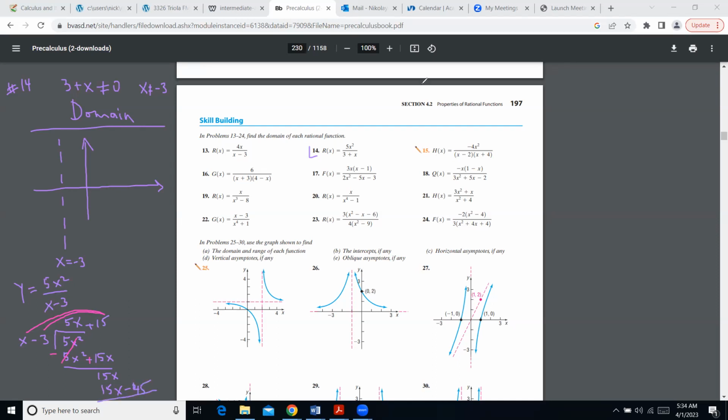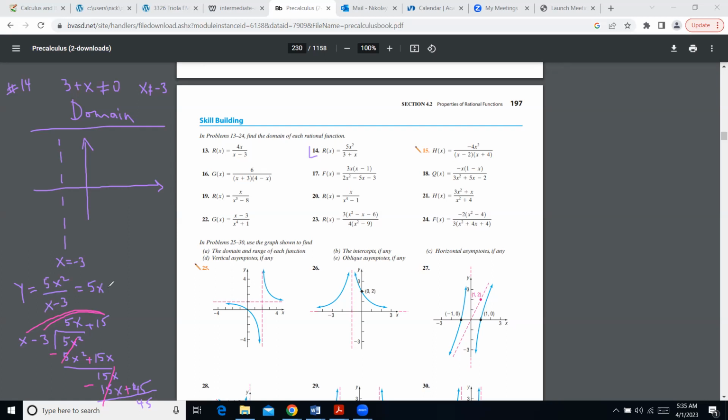When I subtract, the 15x cancels, the sign of -45 changes to positive, and I end up with a remainder of 45.